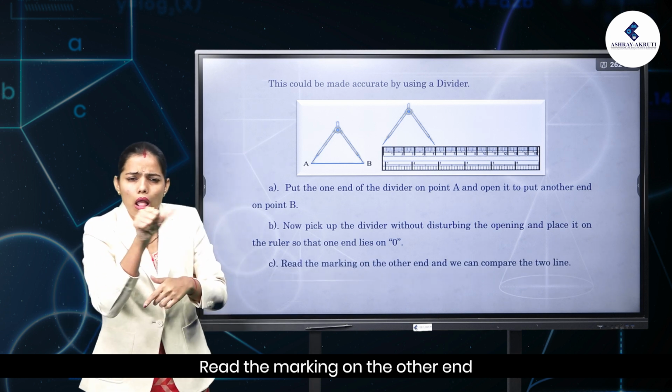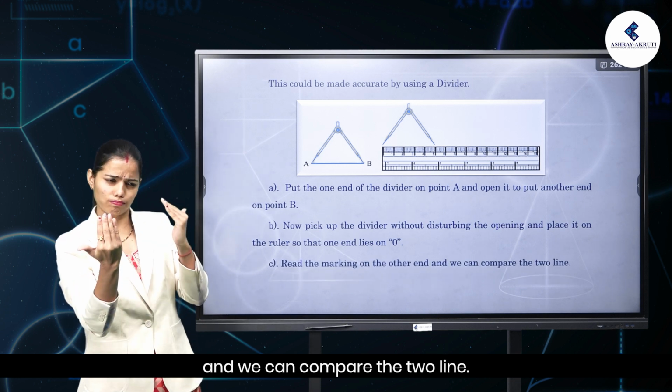Read the marking on the other end and we can compare the two lines.